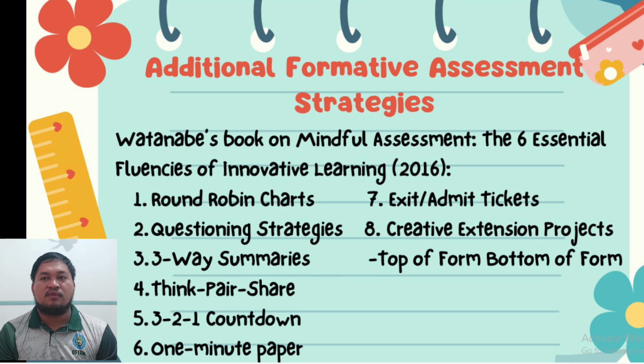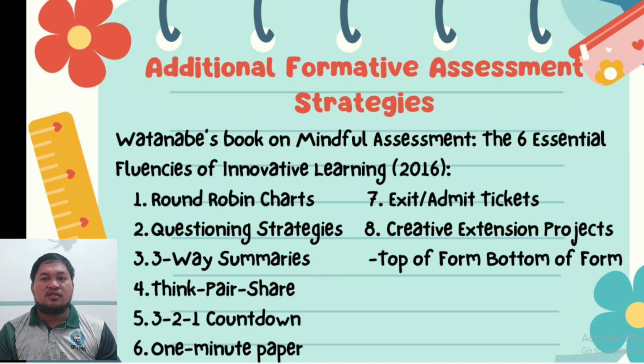Three-way summaries form is a teaching and learning tool in which students respond to a question or topic inquiry by writing 3 different summaries. What are these 3 different summaries? First, short summary, composed of 10 to 15 words. Second, medium summary, composed of 30 to 50 words. Third, longer summary, composed of 75 to 100 words.